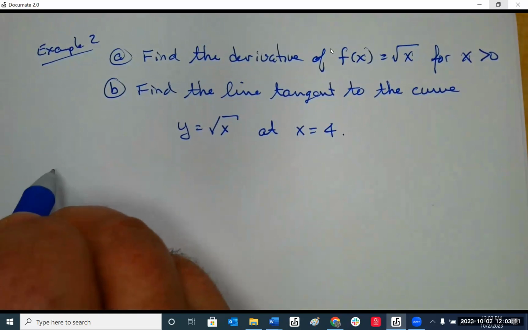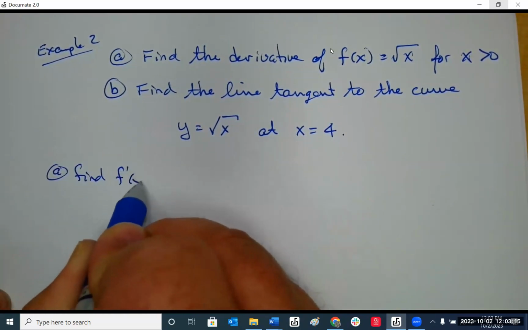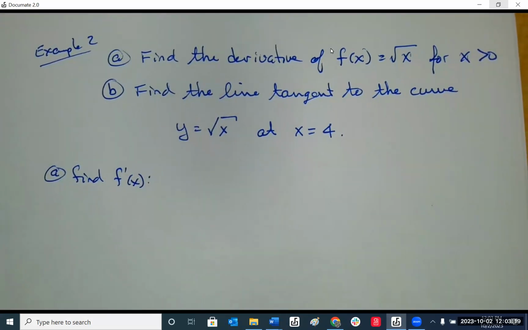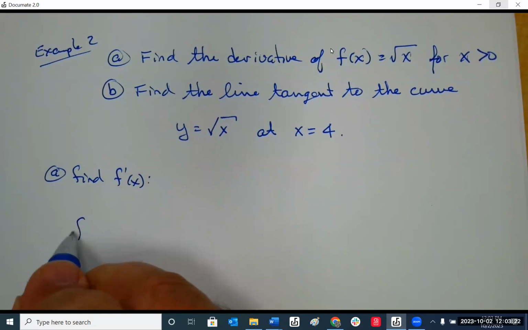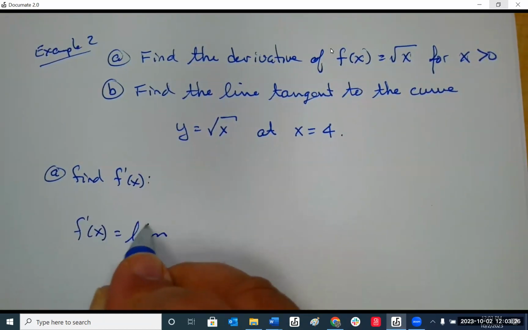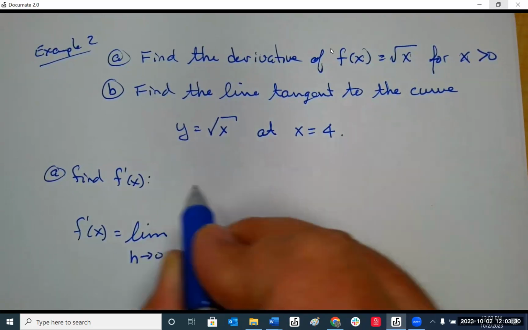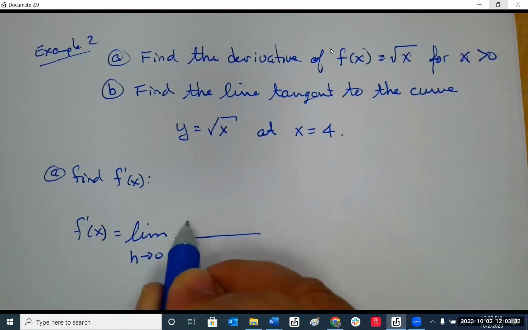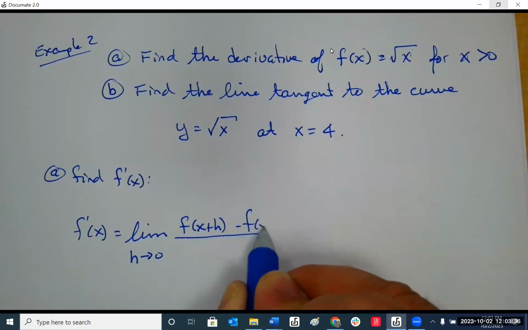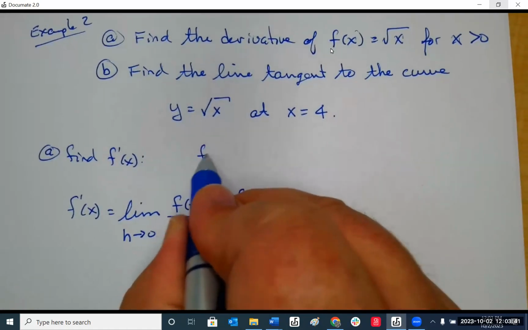So part A, find the first derivative. Right, the first derivative is the limit as h approaches 0 of f of x plus h minus f of x over h. So we have f of x.